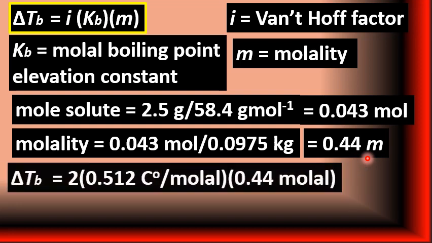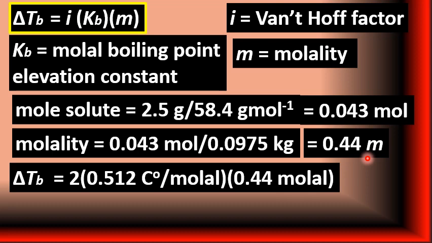Finally, we can now calculate for the boiling point elevation delta T sub B. That is equal to the Van't Hoff index of sodium chloride, which is equal to 2, because sodium chloride is an ionic compound. It can dissociate into two ions, the positive sodium and the negative chloride ions.